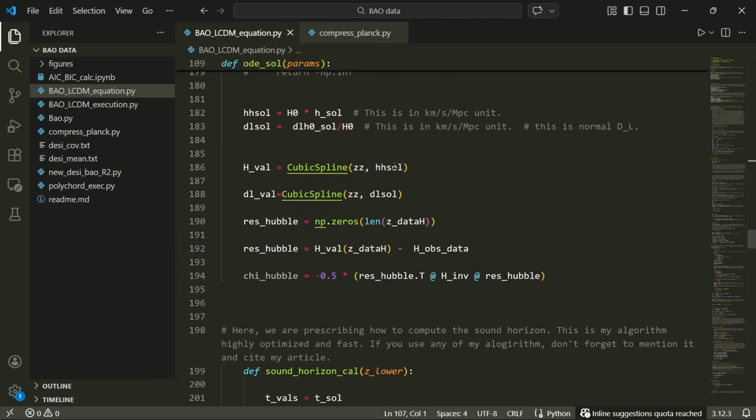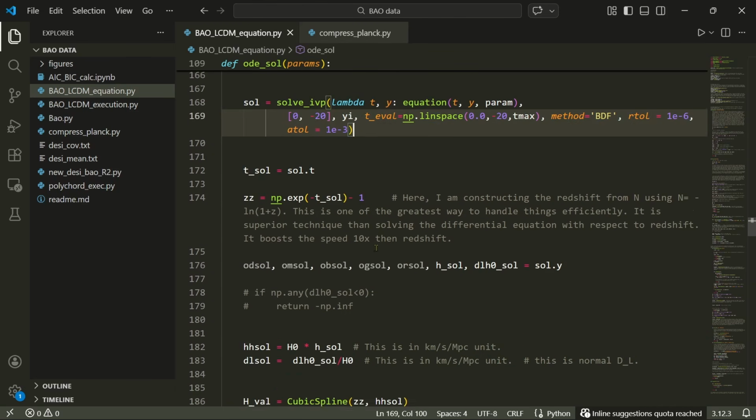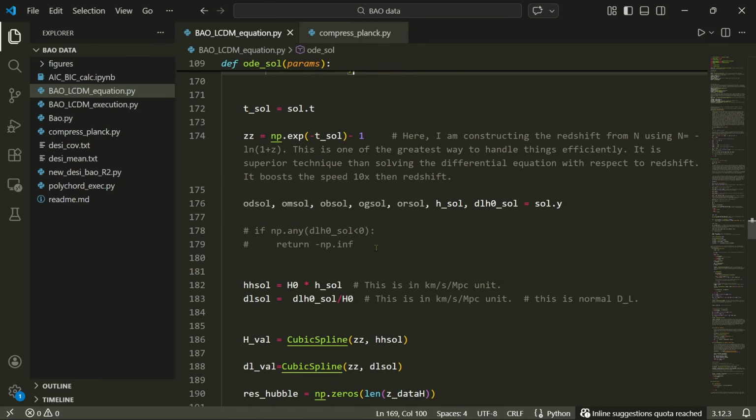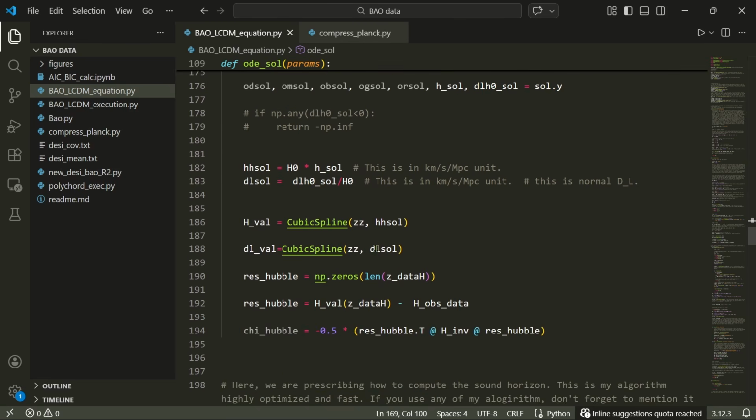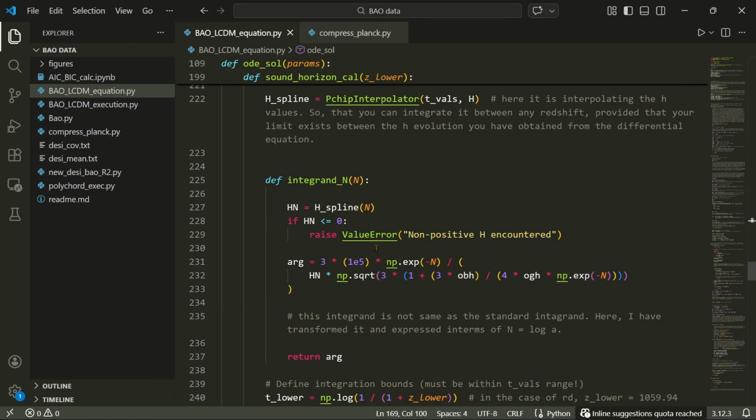Here I will solve my differential equation, and once I have solved it, I can easily get my Hubble solution. Similarly, if I get the Hubble solution, then I can construct the luminosity distance. Once I know these things, I can calculate everything, right? These are the important things in order to actually get different results.